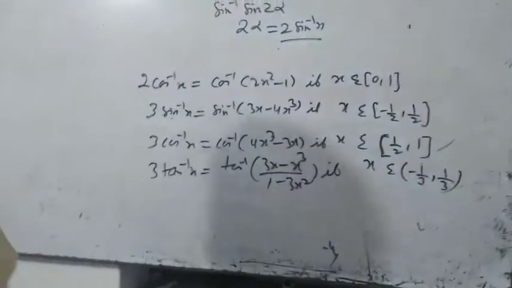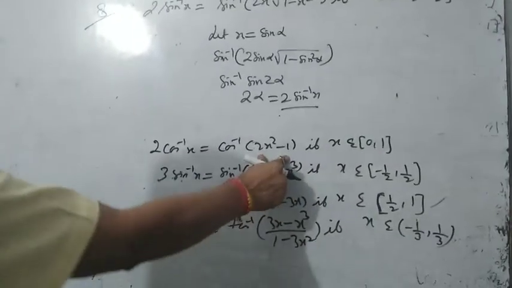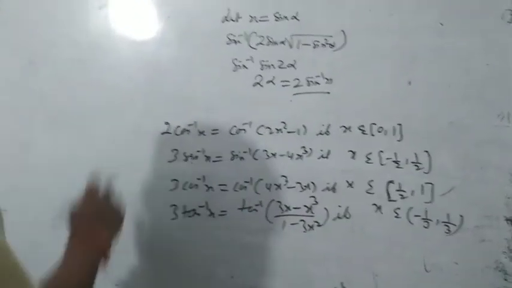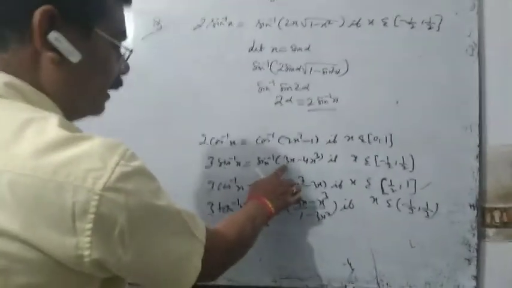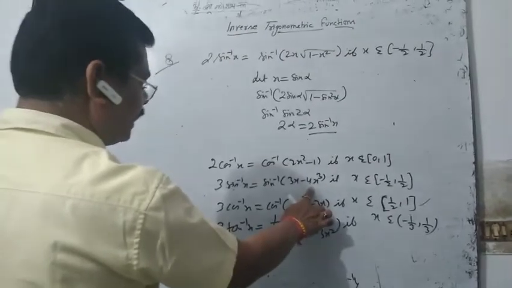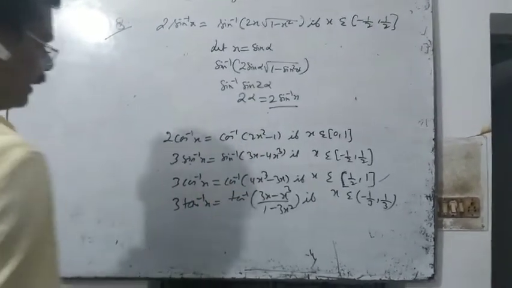For 2 cos inverse x, putting the value of cos alpha in place of x, then 2 cos square alpha minus 1, that is cos 2 alpha. Similarly, in the sine case, putting sine alpha in place of x, 3 sine alpha minus 4 sine cube alpha is equal to sine 3 alpha, so that this is 3 sine inverse x.